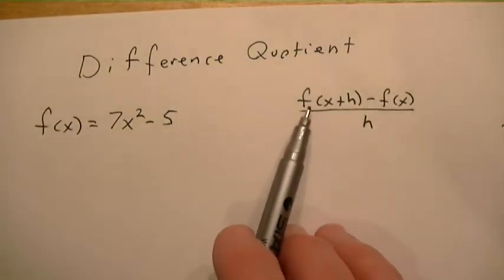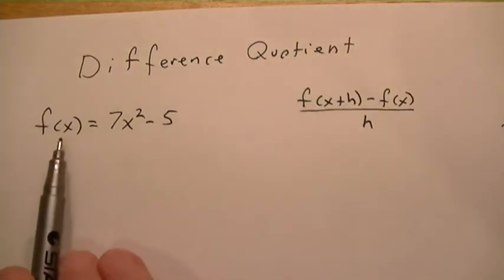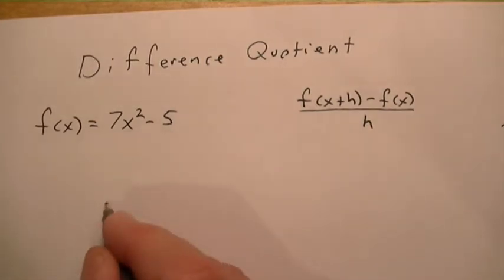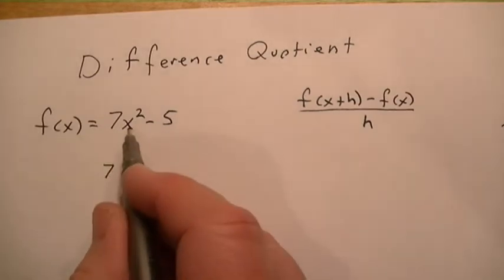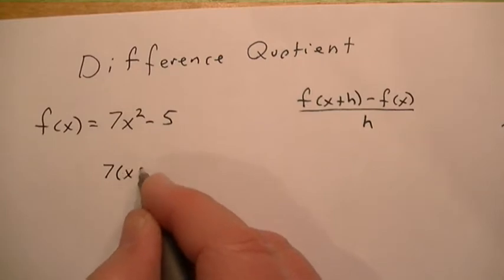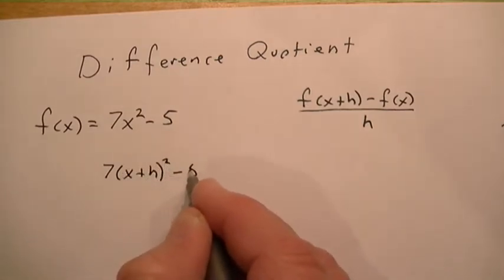So first, let's get this f at x plus h. Well, if this is our f of x, f at x plus h is going to look like this. I'm going to start up here, 7. Everywhere there's an x, we replace it with x plus h. 7 times x plus h squared minus 5.